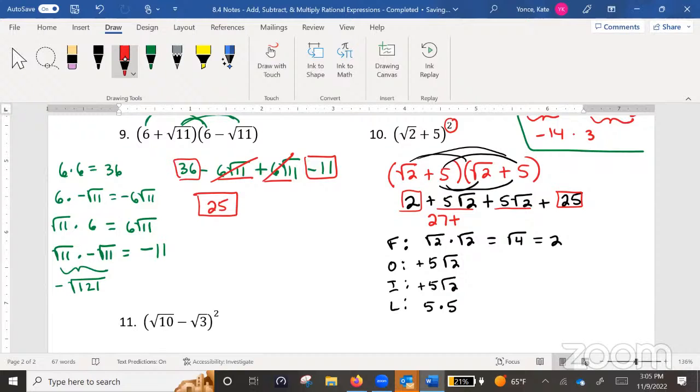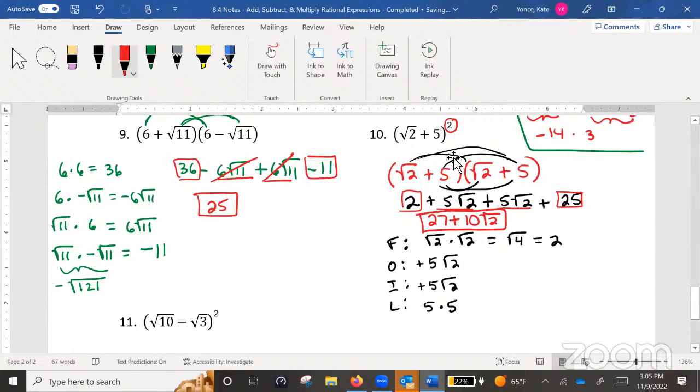So it's positive 5 plus 5. So what are we going to get? 10 square root of 2, right? We add the 5 plus 5 and the radical stays the same. 27 plus 10 square root of 2.